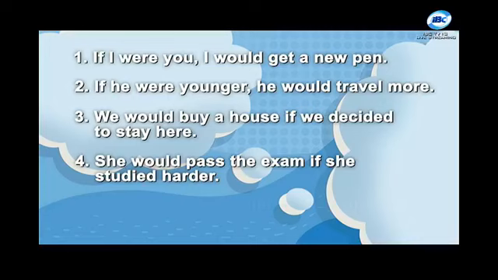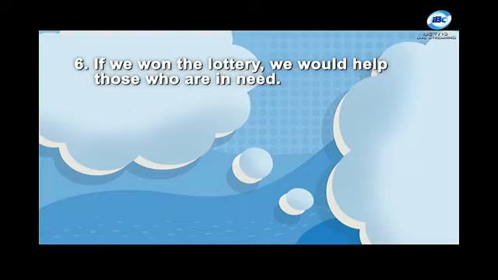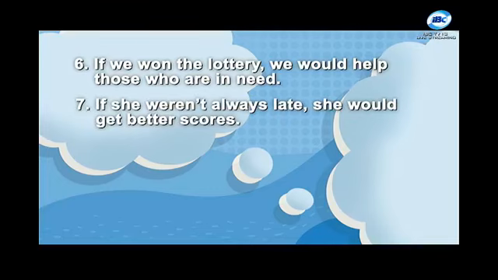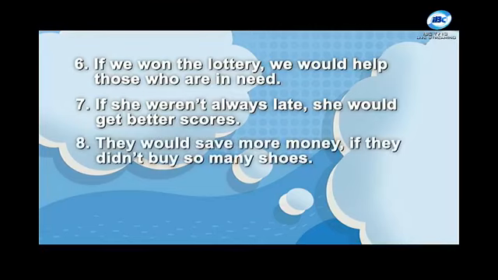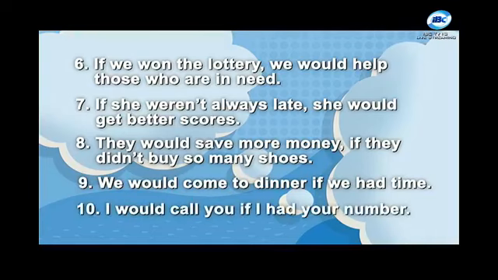Number 5, she would be happier if she had more friends. 6, if we won the lottery, we would help those who are in need. For number 7, if she weren't always late, she would get better scores. Number 8, they would save more money if they didn't buy so many shoes. 9, we would come to dinner if we had time. And for number 10, I would call you if I had your number.